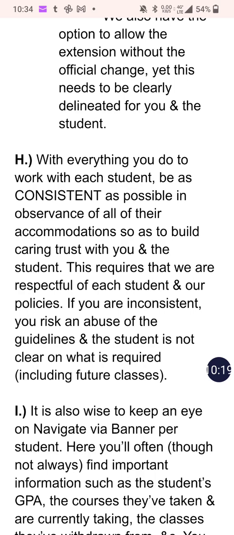You also need to be respectful of your own policies in relation to what the student is asking for. If you are inconsistent with your own policies, you risk an abuse of the guidelines, and the student is not completely clear on what is required for your class and also future classes.